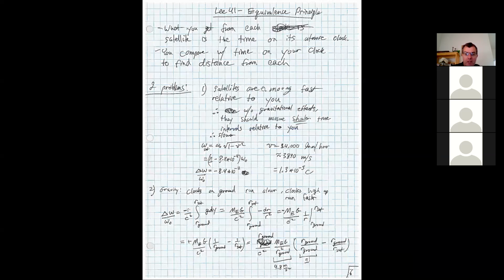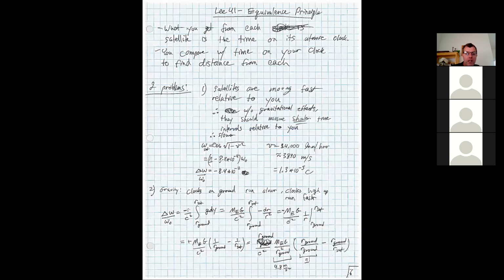because of gravity. But there's also the fact that the satellite is moving relative to you. We're here on the ground. We complete an orbit every 24 hours. That's how fast we're moving in a circle. Well, the satellites are moving faster than that. They complete an orbit every 12 hours. And so we have to take into account the relative velocities.